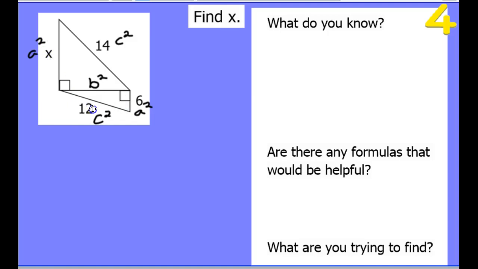We have the two numbers over here, a squared is 6 and c squared is 12, so what we need to do is find b squared. So what we need to do first is look at this first little triangle. So 6 squared is a squared plus b squared equals our c squared, which is 12.